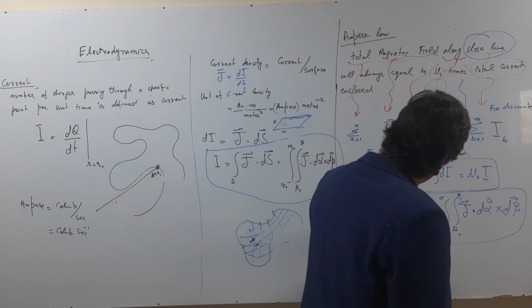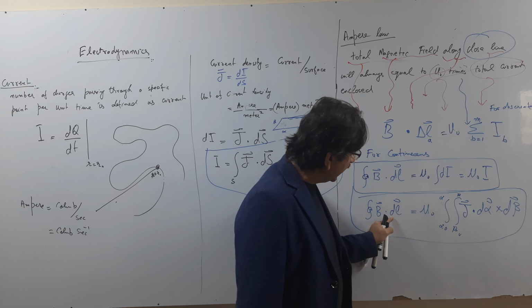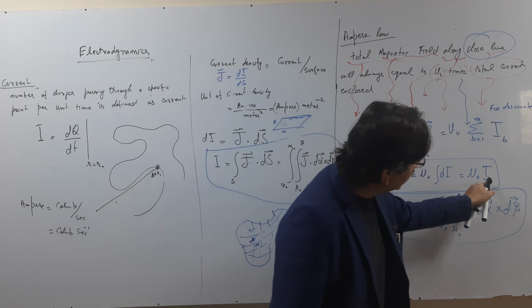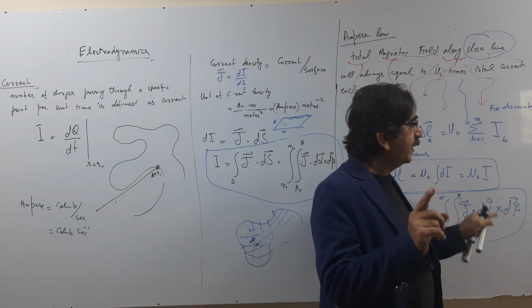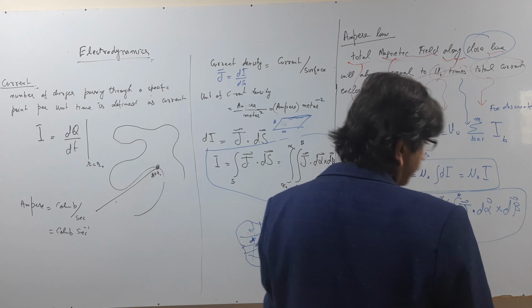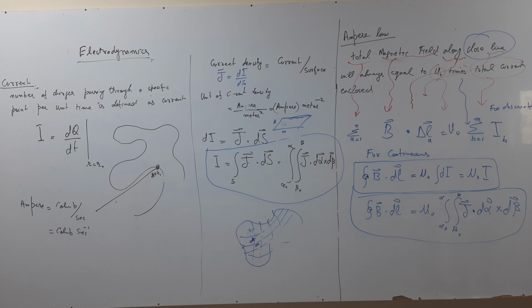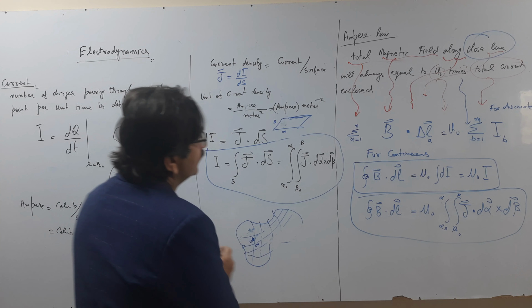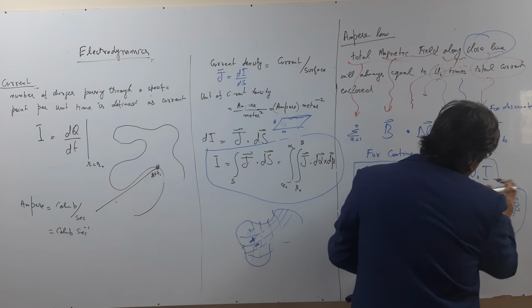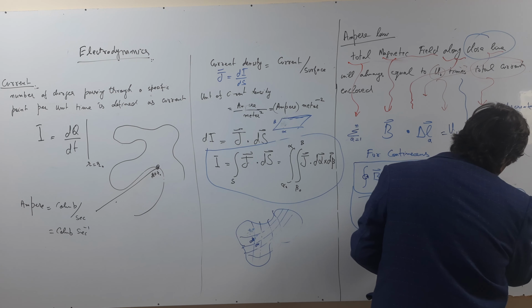Okay, so this dL is not different. This dL will be along this current, and this current is not the total current. Always remember, it is very important to note, this I is current enclosed, not total current.